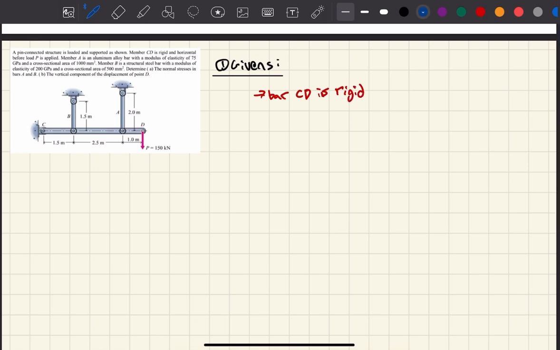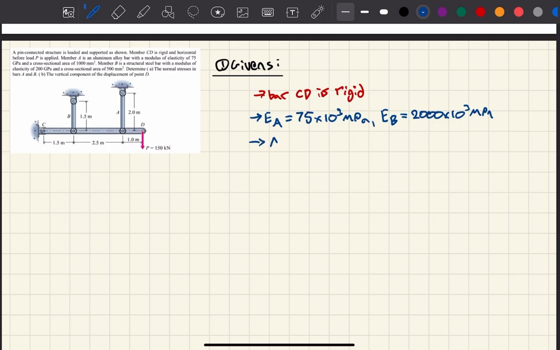The modulus of elasticity for bar A is given. It is 75 gigapascals, or 75 times 10 to the power of 3 megapascals. The modulus of elasticity for bar B is equal to 200 gigapascals, so 200 times 10 to the power of 3 megapascals.